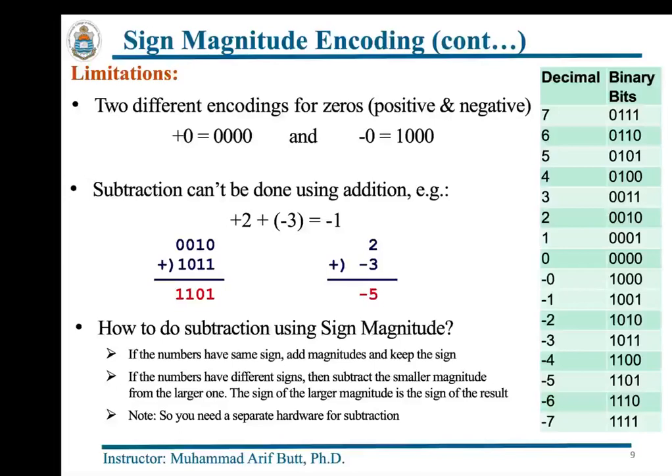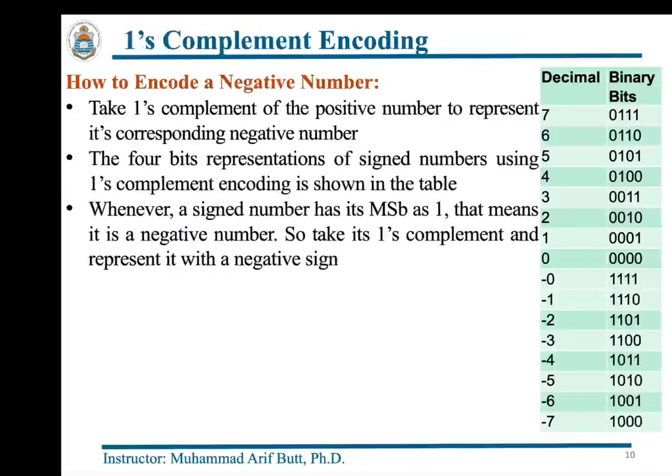So with these limitations, we move on to another way of encoding the negative number, that is the ones complement. It says to take the ones complement of the positive number to represent its corresponding negative number. So if this is 0111, we take the ones complement, so that makes 1000, and that is -7.